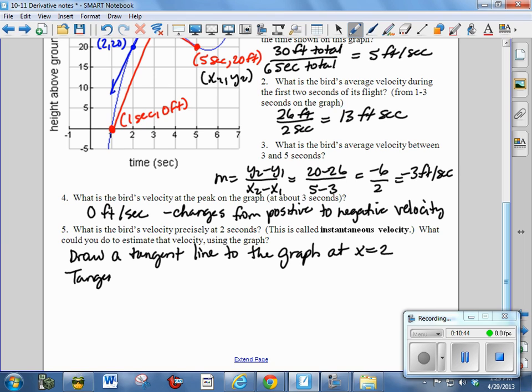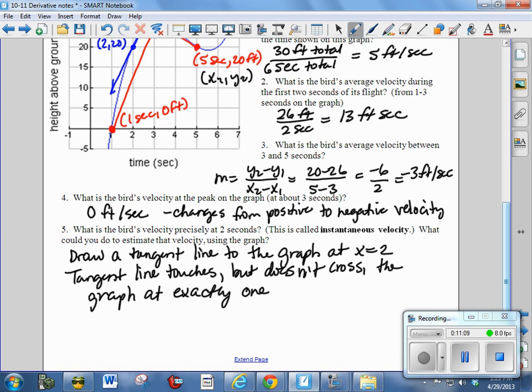So the tangent line touches but doesn't cross the graph at exactly one point. So I would draw the line on, and then I'm going to estimate the slope.